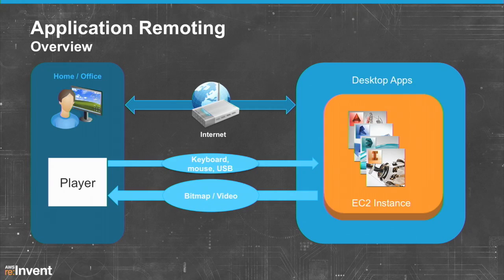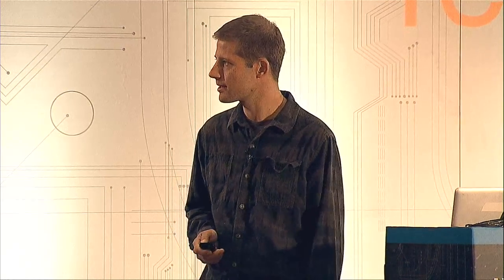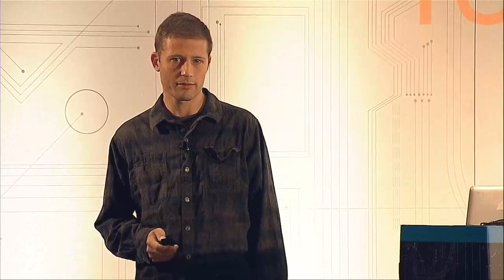So if anybody ever used remote desktop, this is pretty much the same concept, except a little bit enhanced. So you have your application player on the client side that sends over the keyboard and the mouse events, and you get back the video stream from the EC2 instance. And in our use case, you get individual application streams back.